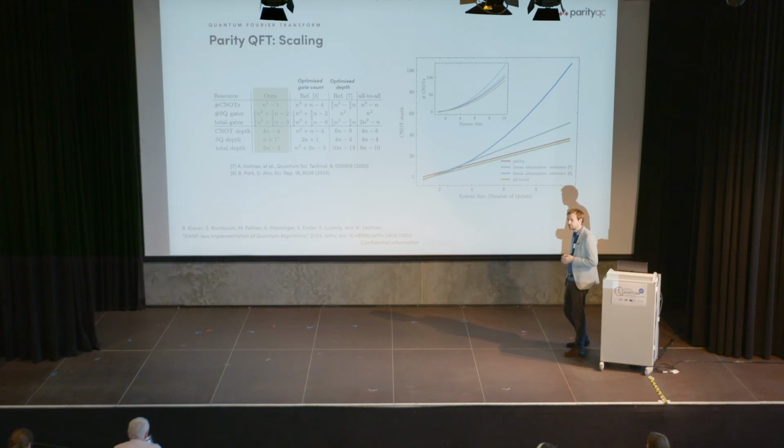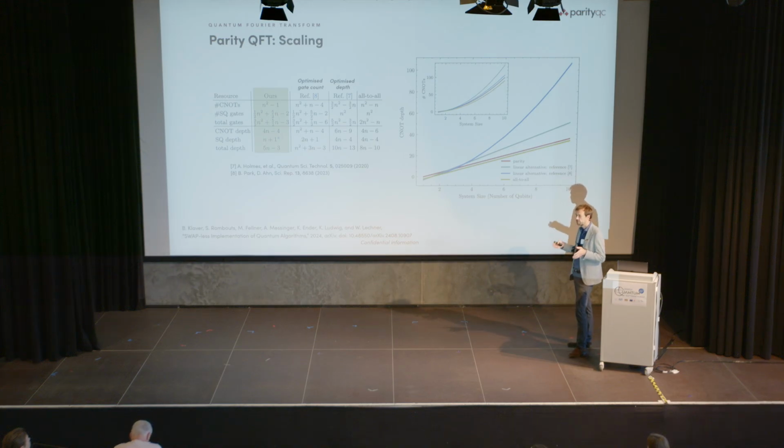He has, I think, a 2004 paper with a 2024 update, which introduced a nearest neighbor version of the Fourier transform. This was the best implementation for the quantum Fourier transform with nearest neighbors. And there were two variations of this, by Holmes and by Park, rather recently, where they optimized for gate count and where they optimized for depth further.